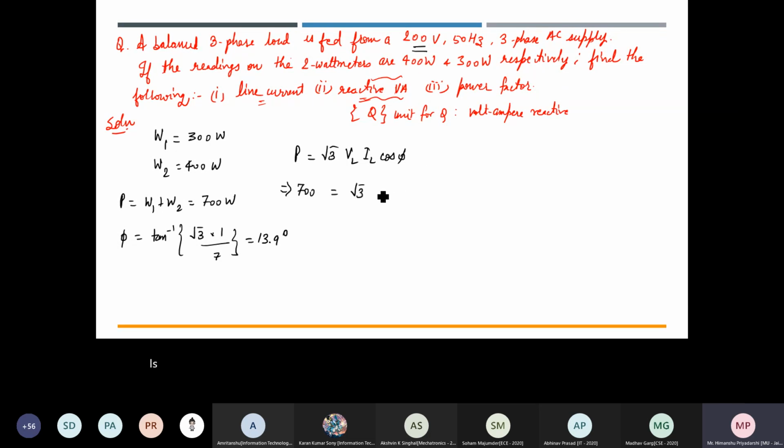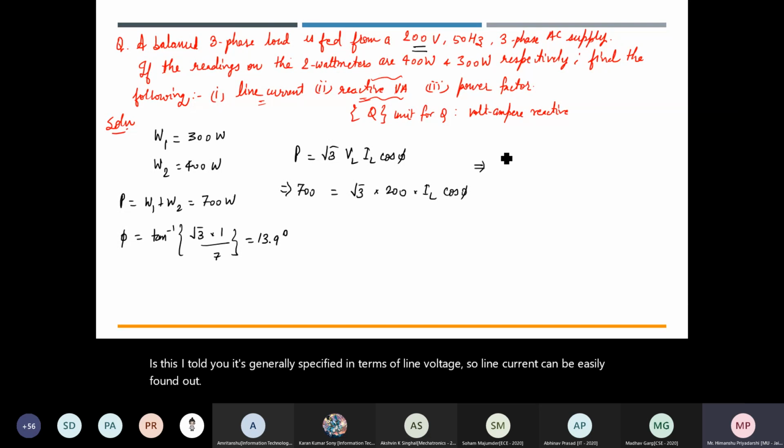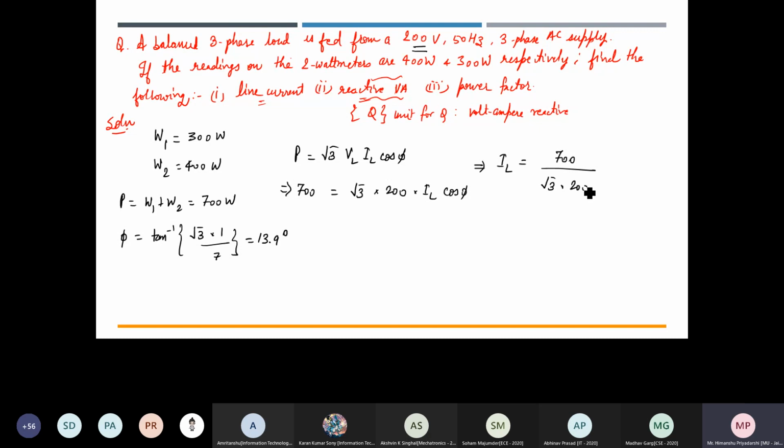I told you it's generally specified in terms of line voltage. So line current can be easily found out. And what is cos phi?